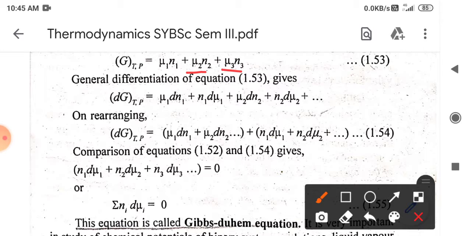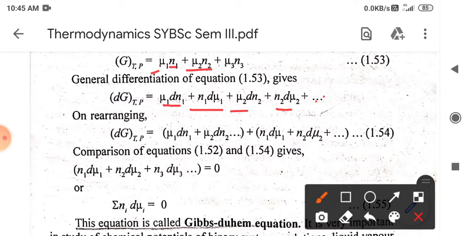Now upon general differentiation of the above equation, dG is equal to what? For this you need to use the product rule for differentiation, that is mu1 dN1 plus N1 d mu1. Now here mu2 dN2 plus N2 d mu2, right?